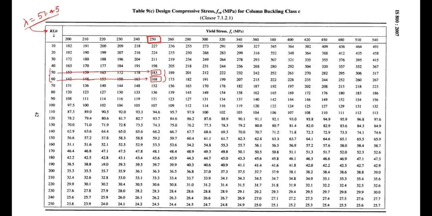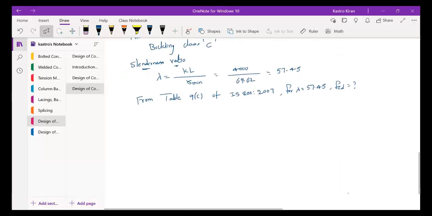So now let's interpolate and find out the value of FCD when lambda equals 57.45. This lies in between 50 and 60.